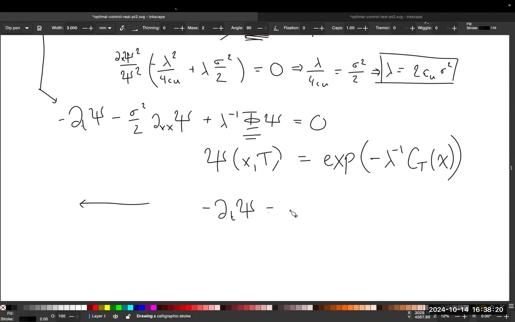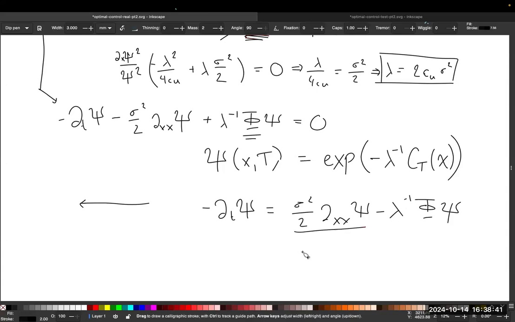If I re-express it like this, moving these terms to the right hand side of the equation, partial xx psi minus lambda inverse b psi, then if this is running backwards in time, this really looks like a diffusion equation. Normally a diffusion equation that runs forward in time would look something like this: partial t u equals alpha times partial xx u, with some diffusion coefficient alpha.